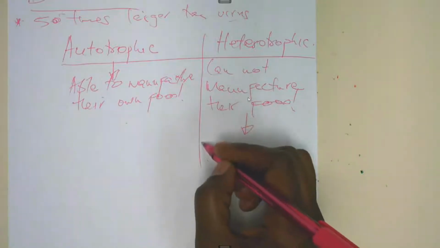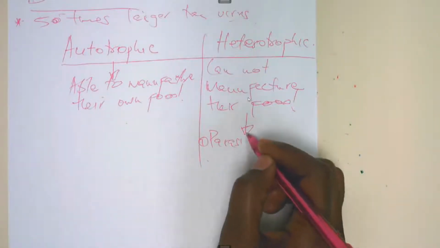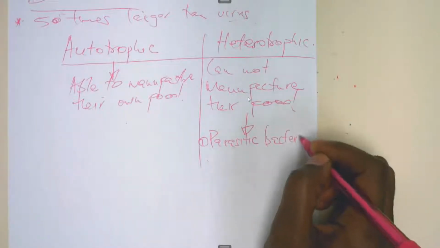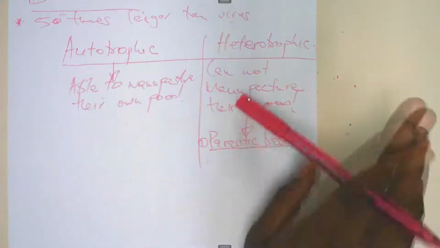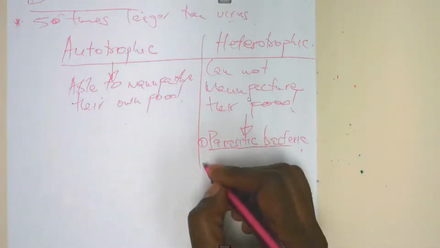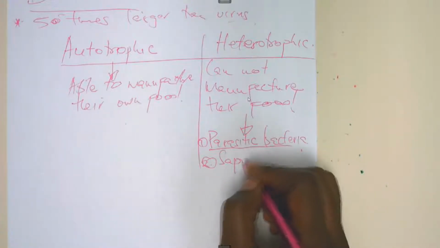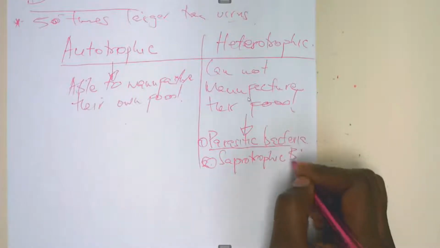So the first one is parasitic bacteria, which is an example of heterotrophic organisms. And then we also have saprotrophic bacteria.